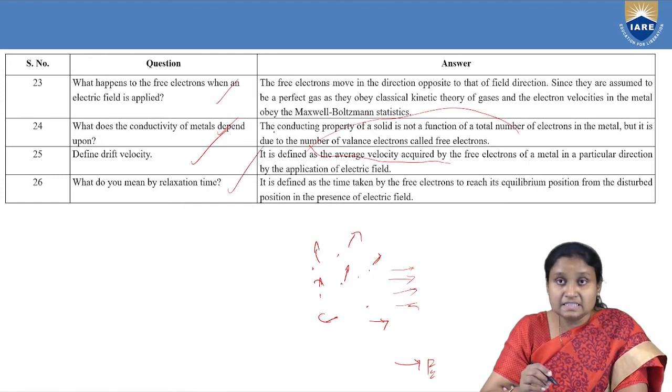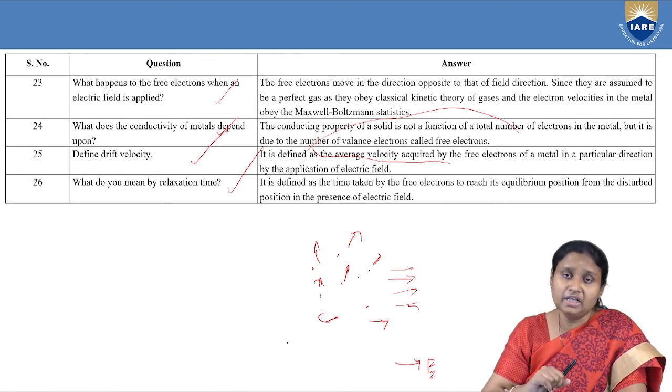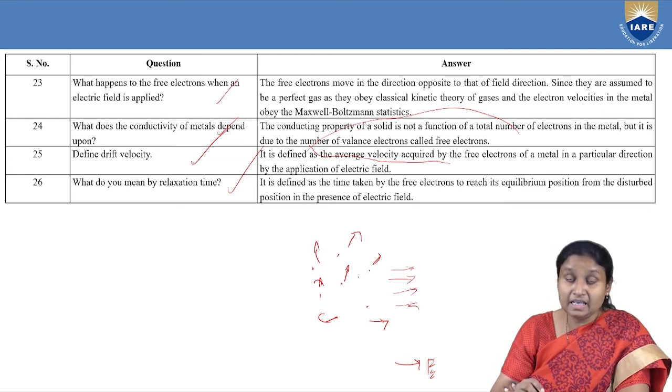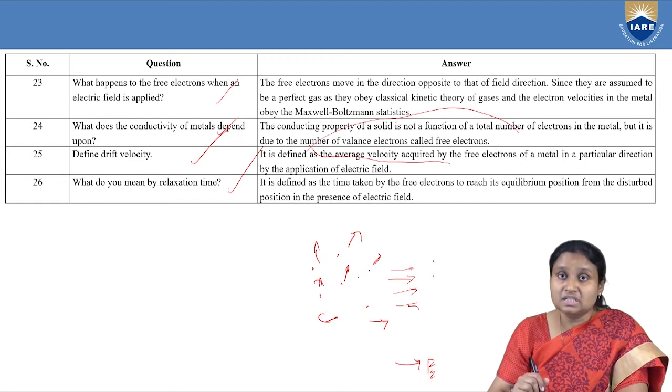The next is relaxation time. As we know, when we consider free electrons in a metal, they are moving in all possible directions and colliding with each other. Then what is the time taken between two successive collisions?